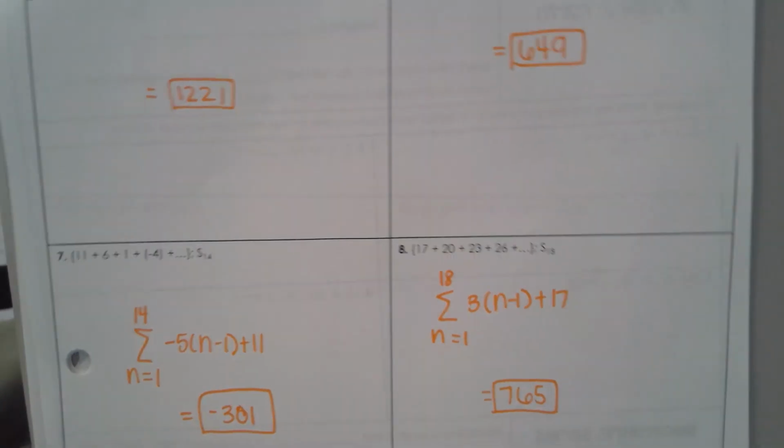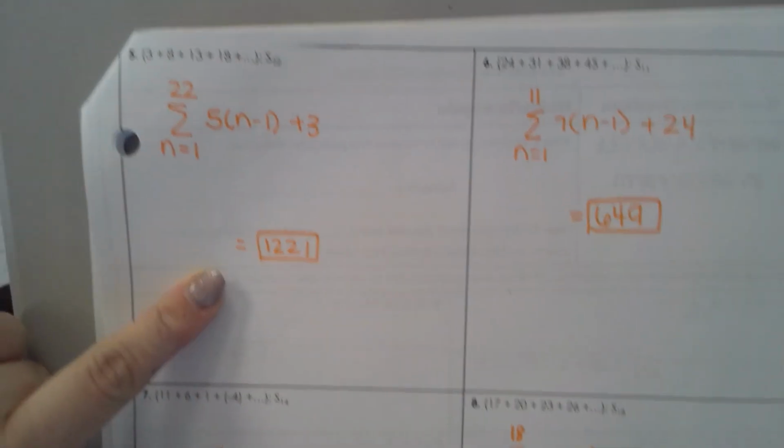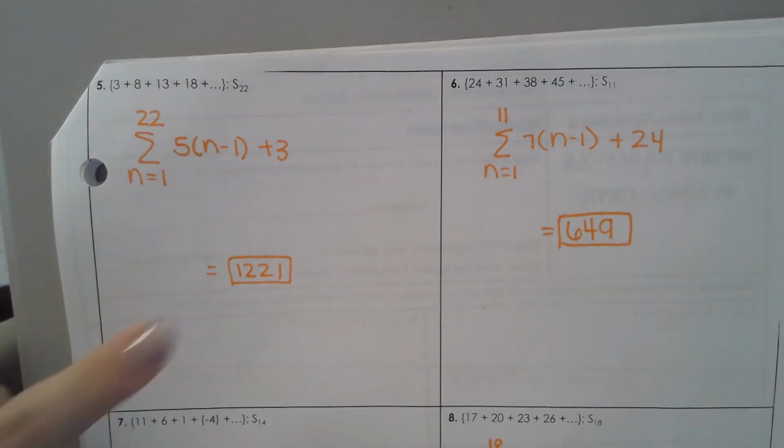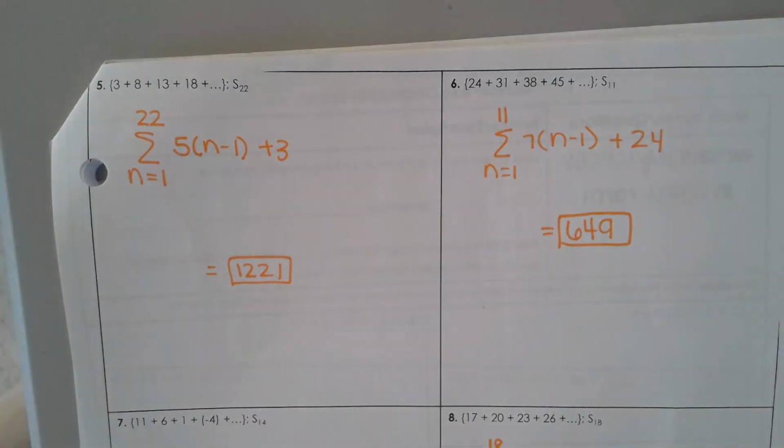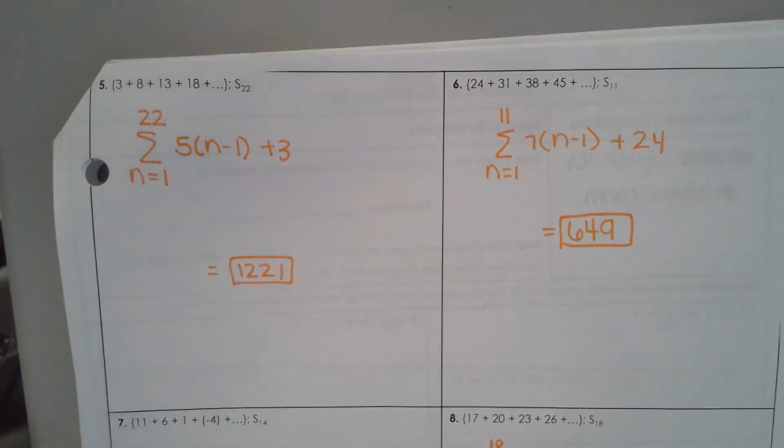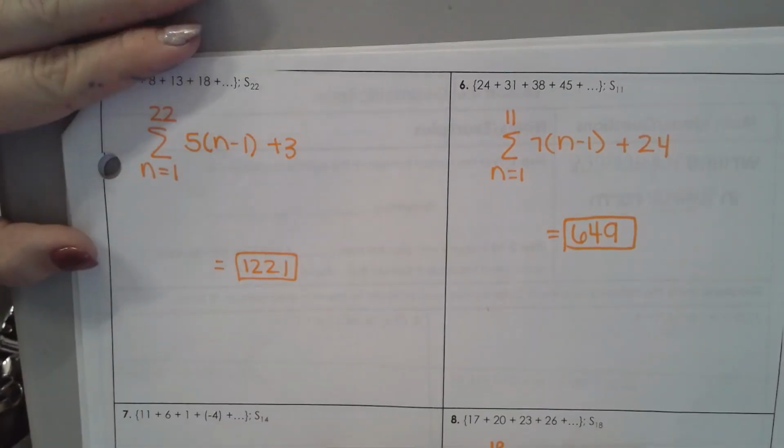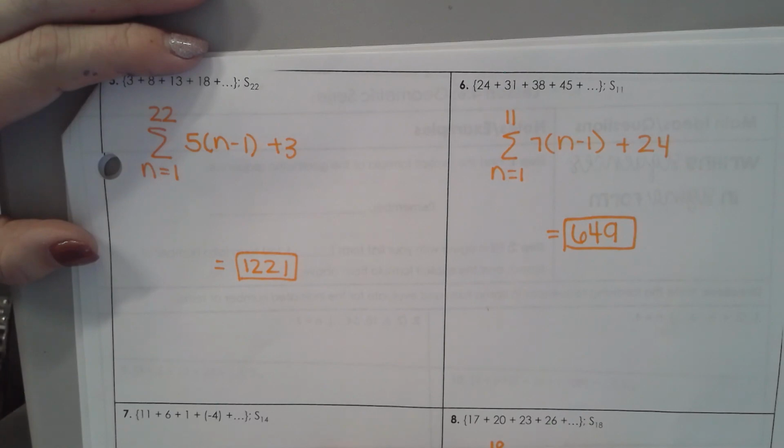Whoop. The next number 5, you should have got 1,221, and then number 6, 649. Does anybody need help or clarification on those? Oh, yeah, I didn't even get to those.